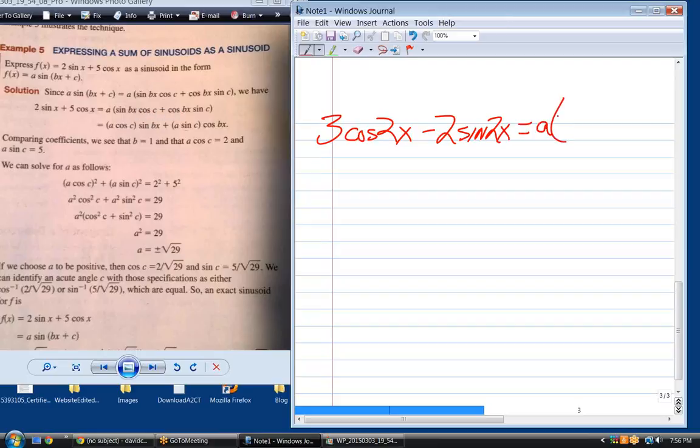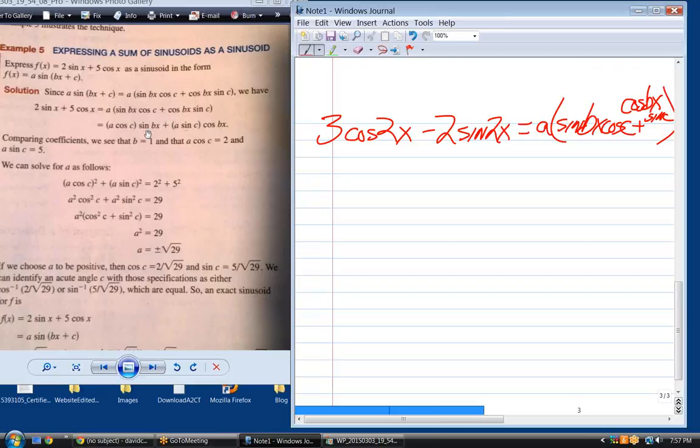A times the sine of bx cosine c, minus, plus. Yeah, if I'm trying to get it into that formula, I got to use the plus, plus cosine of bx sine c.